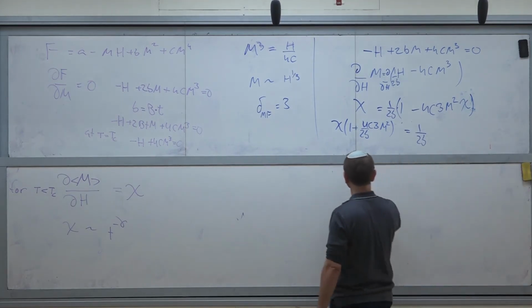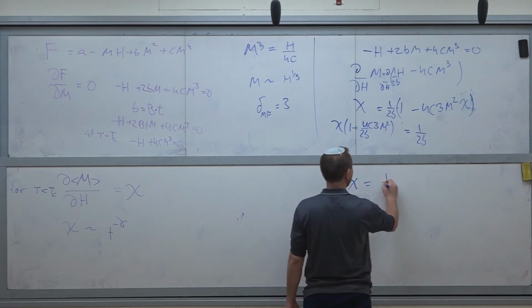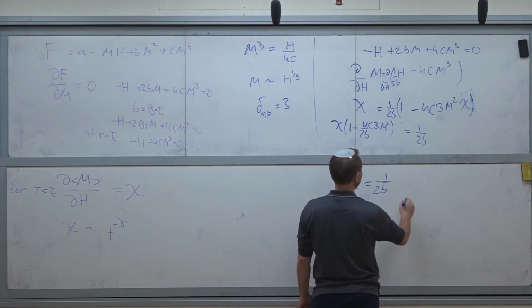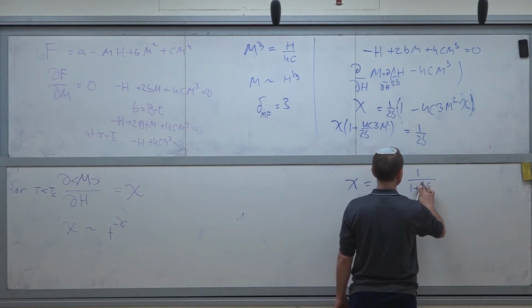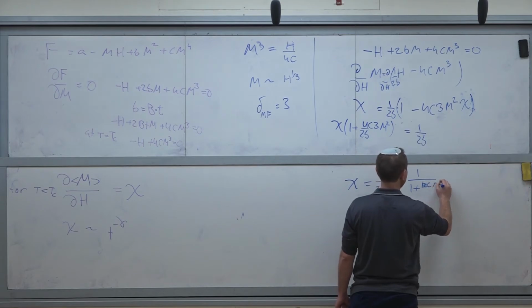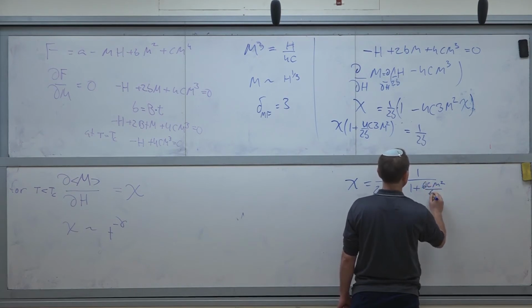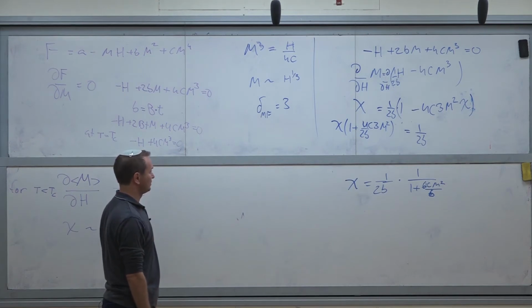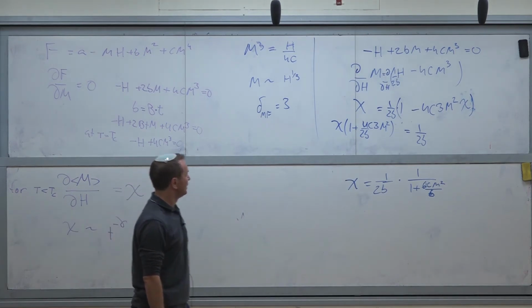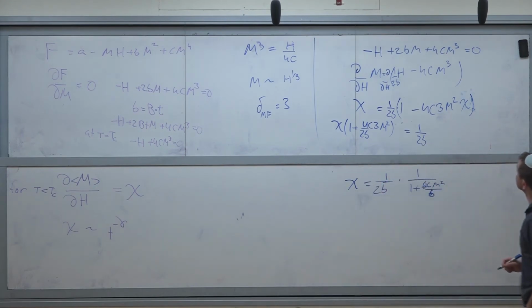So xi is 1 over 2b multiplied by 1 over 1 plus 12c m to the second power divided by 2b, so it's 6c over b. It looks okay, right? I haven't made any crucial mistakes. Seems fine.